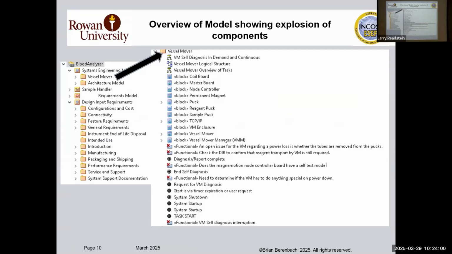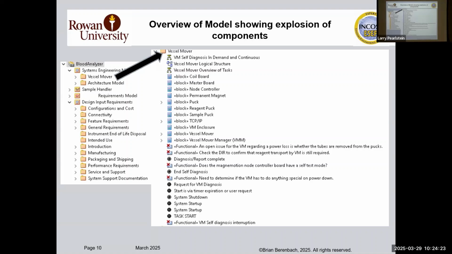Here's an example showing the explosion. This is pure SysML, showing the explosion of pieces of the analyzer. And here we have what's called a vessel mover, because you can have 2 things. You can have the tester move, or you can have the test tube move.